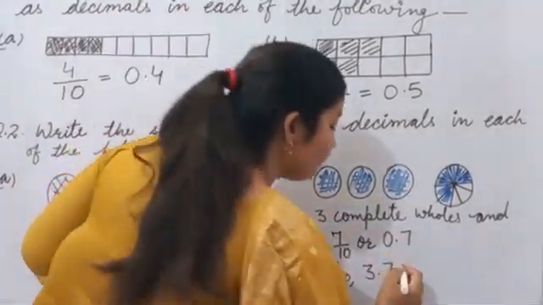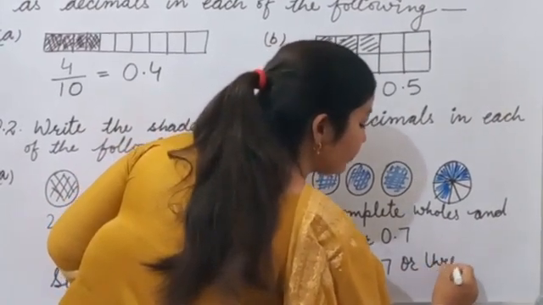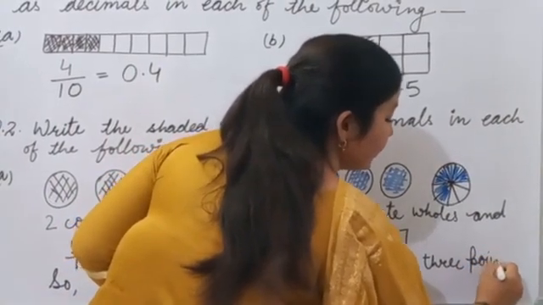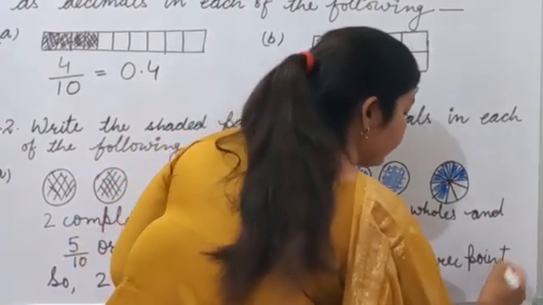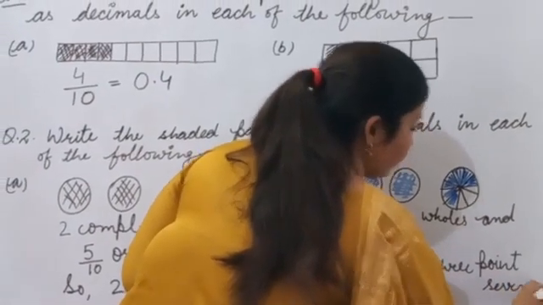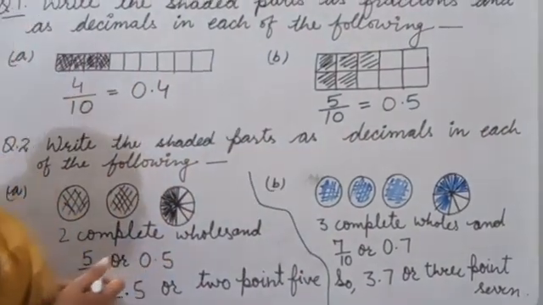Okay. Or what can we write? Or we can write 3.7. Okay, 3.7. So like this you can do.